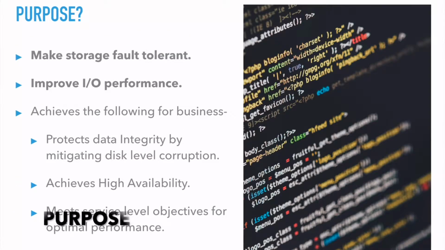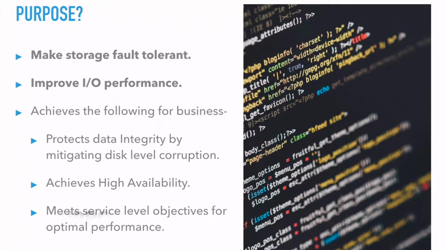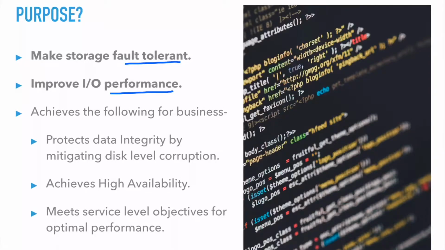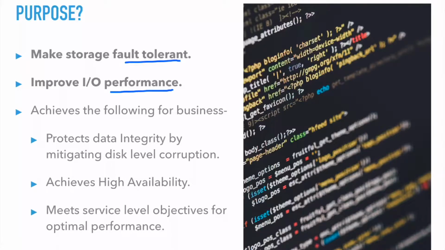I already mentioned in the previous slide, it is intended for fault tolerance, it is intended for performance, and it is intended for more space or optimal use of hard disk space. So what does it achieve for the business? It protects the data integrity by mitigating disk level corruption. It achieves high availability.